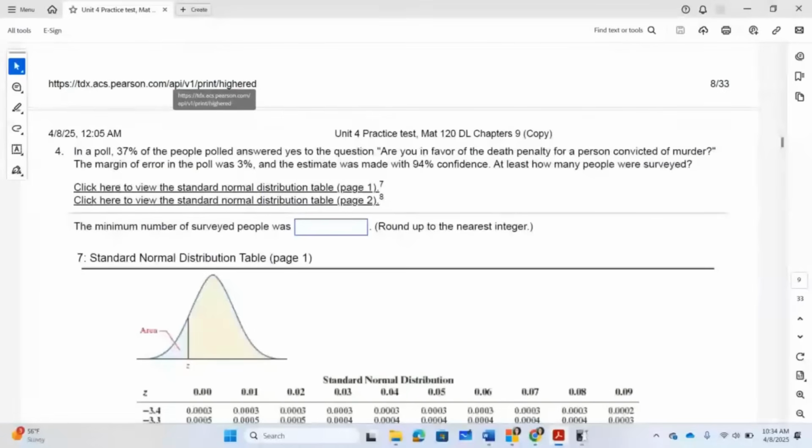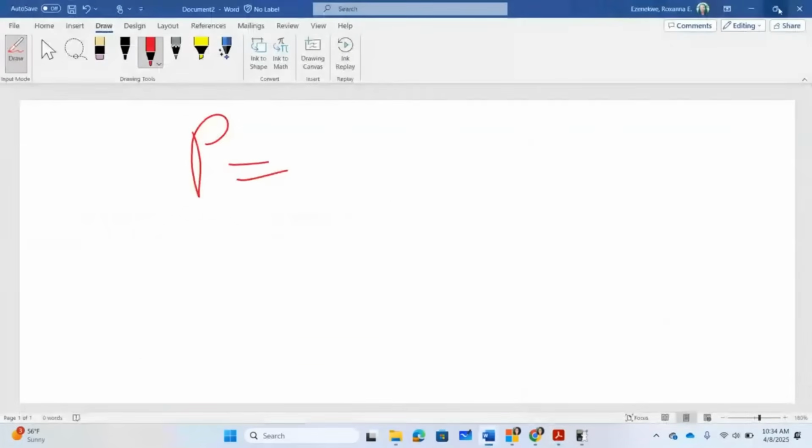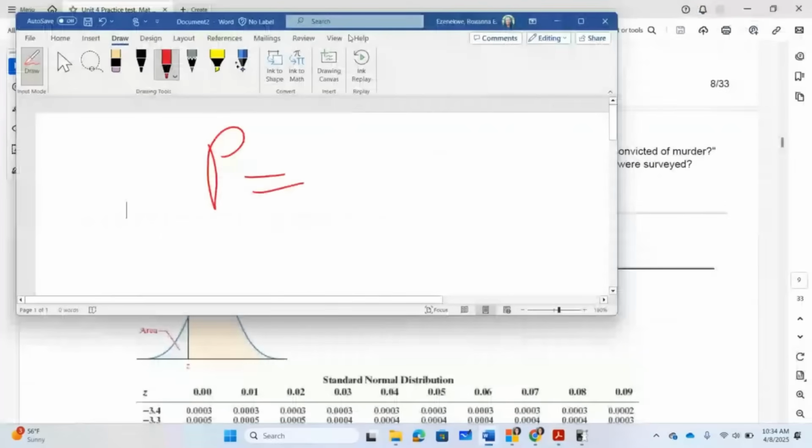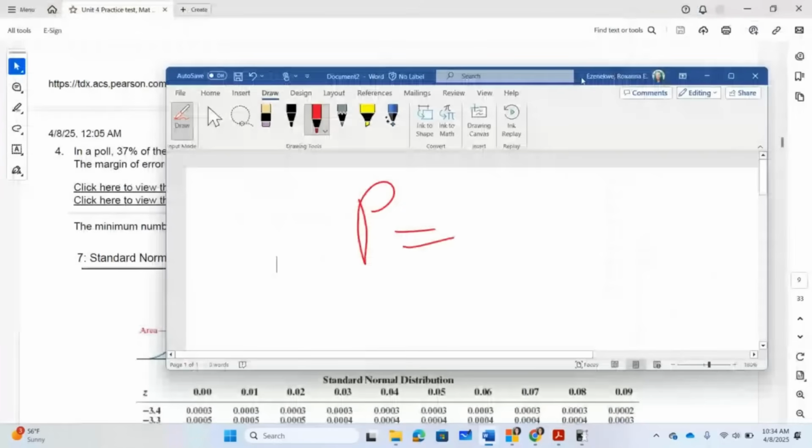The margin of error in the poll is 3%. So let me write all this down. Okay. So P, population proportion given to me.